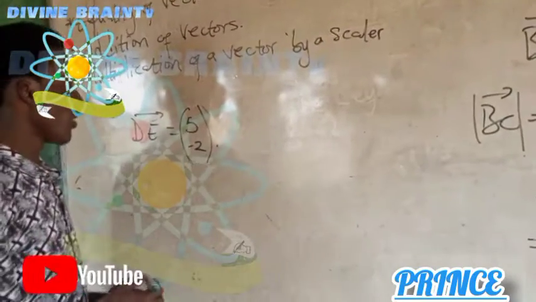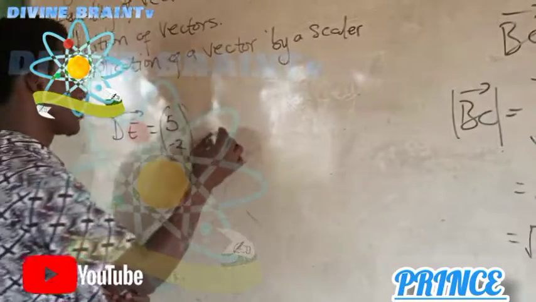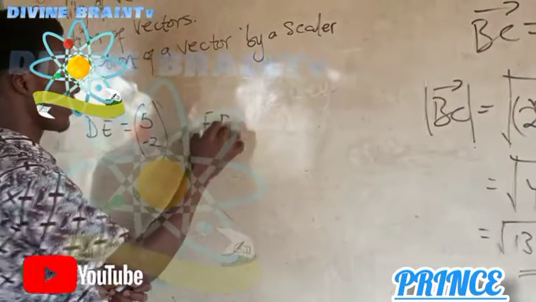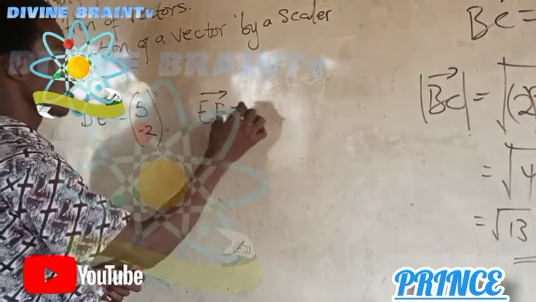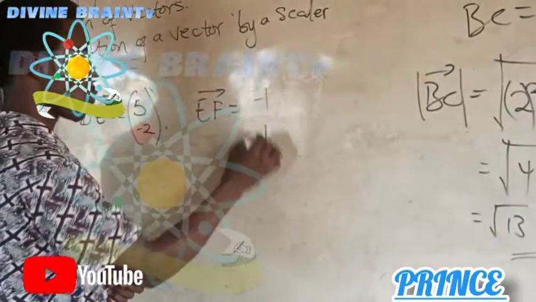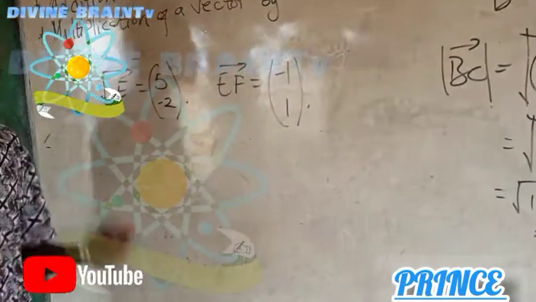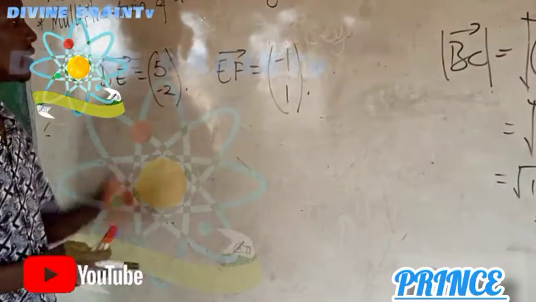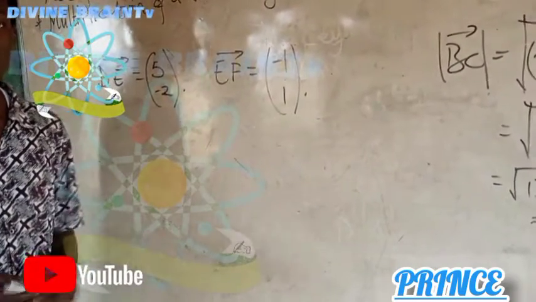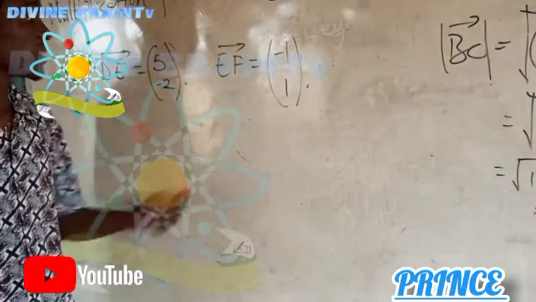And then they have given us another vector, let's say EF, equal to (-1, 1). And we are asked to find equality between these two vectors. It's very simple.